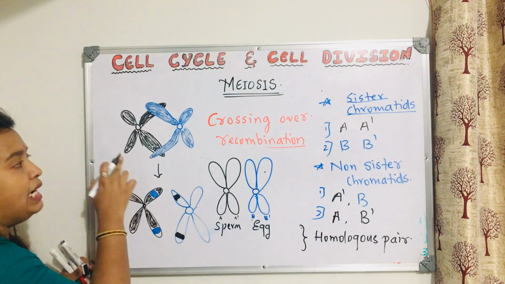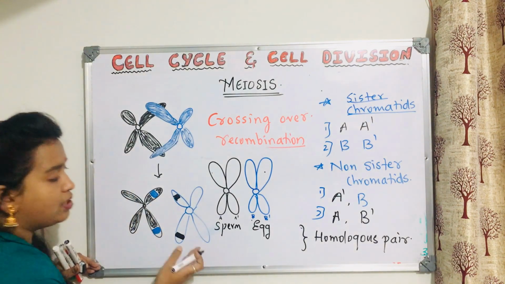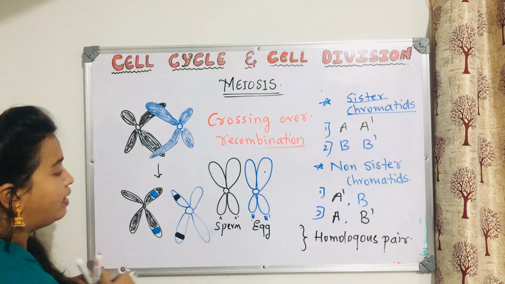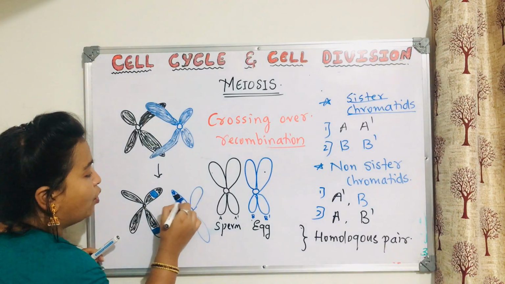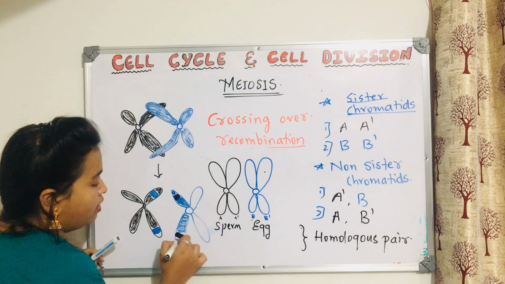wherein this chromosome is not completely paternal now. This chromosome is not completely maternal now. Why are they not completely paternal and maternal? Why can you not call them paternal and maternal now? Try to give the answer.